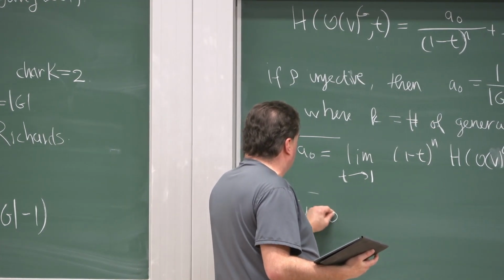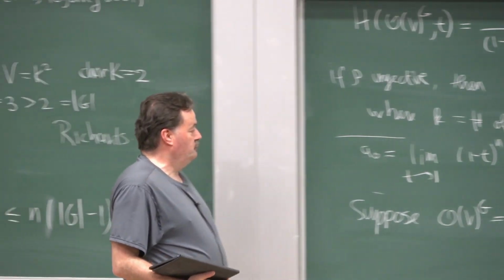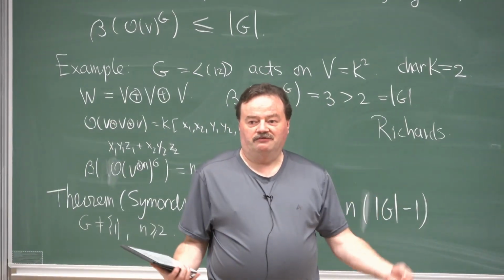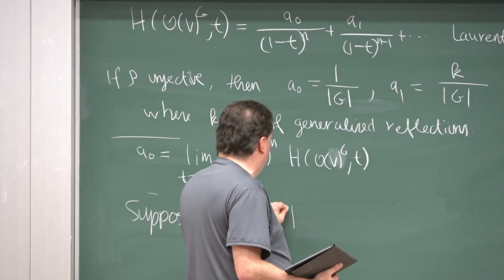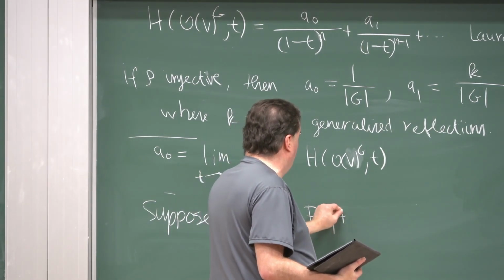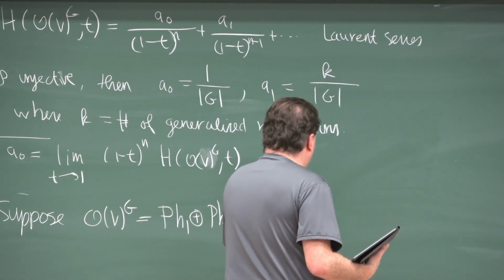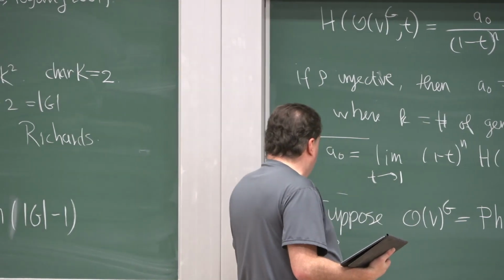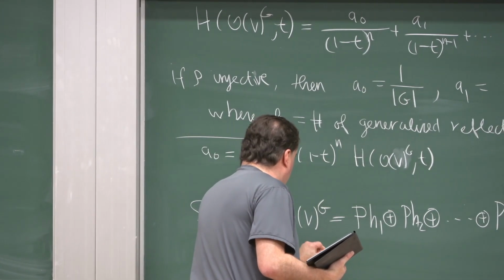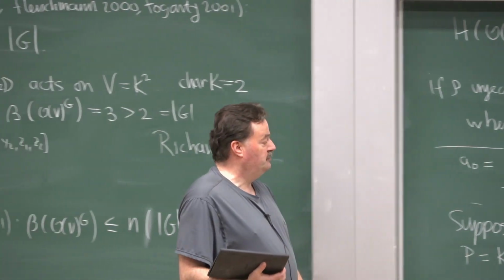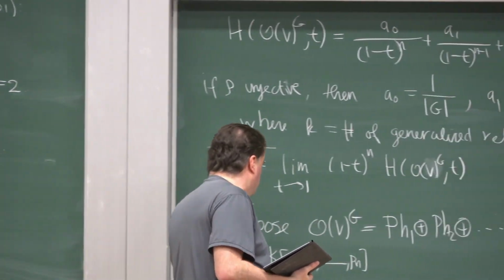Suppose we're in characteristic 0, so the invariant ring is Cohen-Macaulay, and we have primary and secondary invariants. We can write the ring as P h1 plus P h2 plus up to P hs, where P is a polynomial ring generated by homogeneous invariants that are algebraically independent. These are the primary invariants.